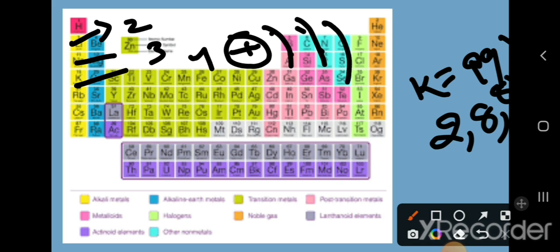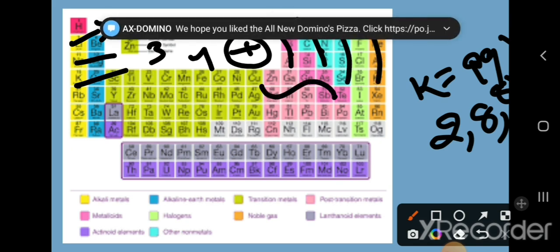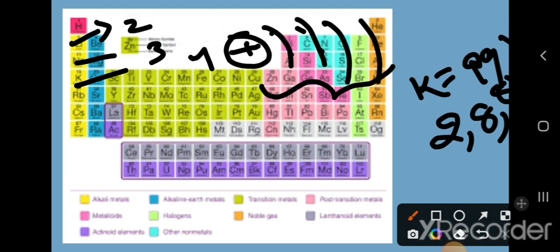If the number of shells increases, the distance between the nucleus and the outermost electron automatically increases, yes or no? Obviously. Now when the number of shells increases, the distance from the nucleus to the last electron increases, so automatically the attraction between the nucleus and the outermost shell will decrease.